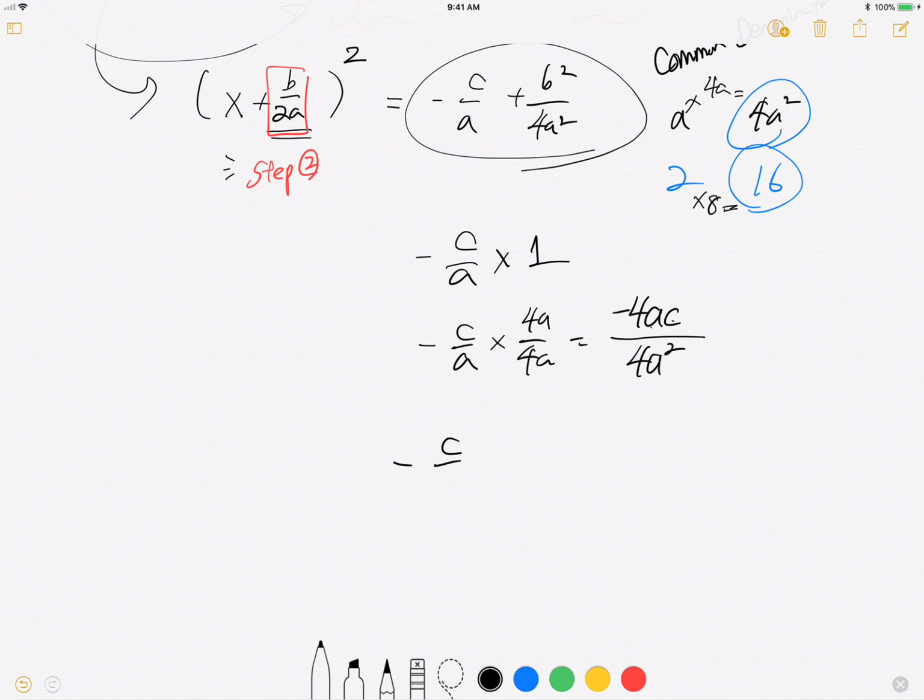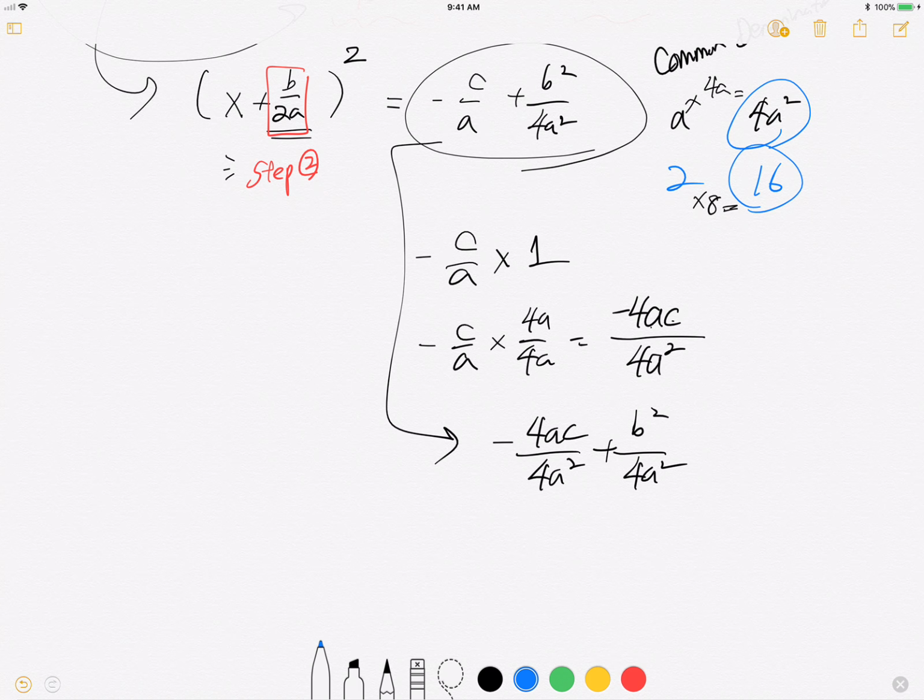So my final answer for that, if I rewrite this part, becomes negative 4ac over 4a squared plus b squared over 4a squared, which simplifies to finally b squared minus 4ac, I'm just switching the order, over 4a squared.